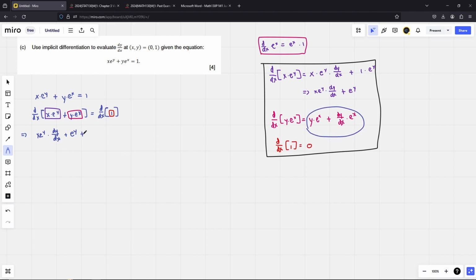So that's going to be plus y e to the x plus, and I'm going to switch these two around. So I'm going to say e to the x multiplied by dy by dx. And that's going to be equal to 0 because the derivative of 1 is just 0.